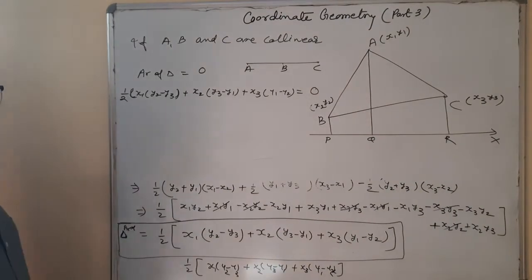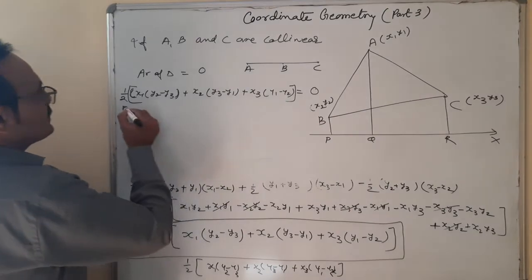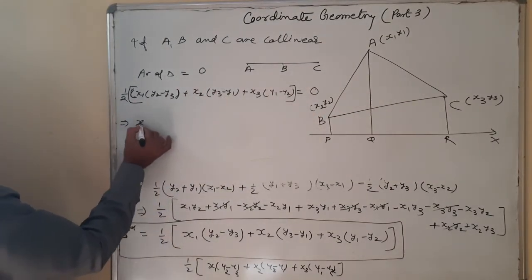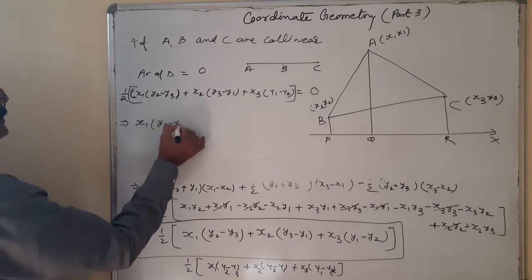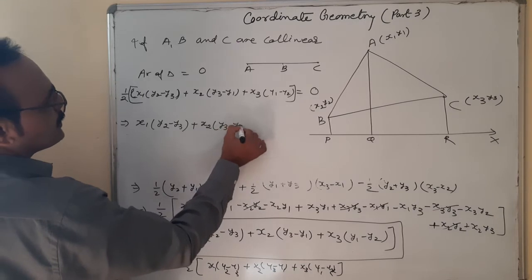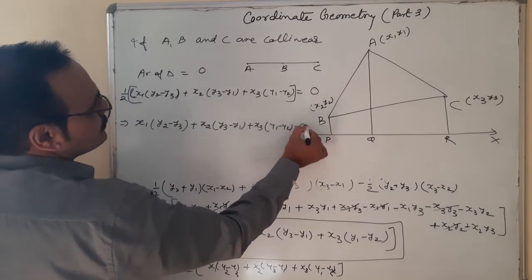And it is equal to 0, what does it mean? This 1 upon 2 is outside. You can shift this 1 upon 2 here, it becomes 0. So finally the term is x1 (y2 minus y3) plus x2 (y3 minus y1) plus x3 (y1 minus y2) is equal to 0.